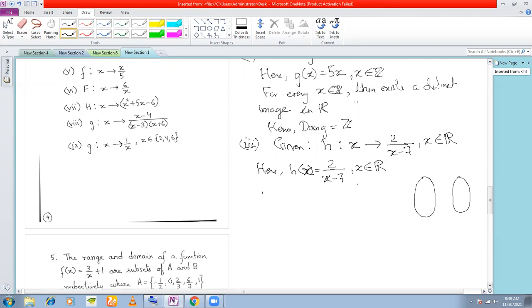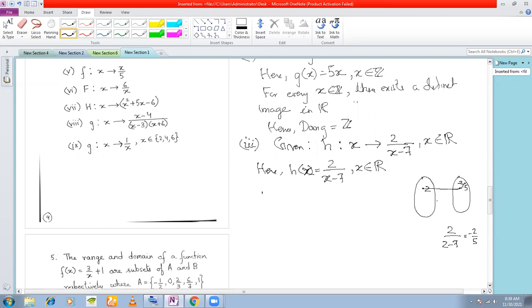Check. You take x is equal to 2. What is the corresponding value here? 2 by 2 minus 7, we're getting minus 2 by 5, right? So minus 2 by 5 has an image, fine.